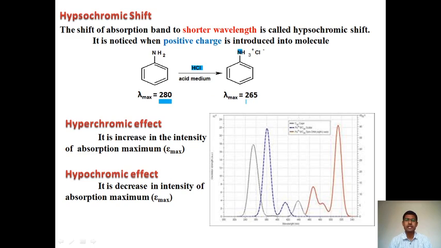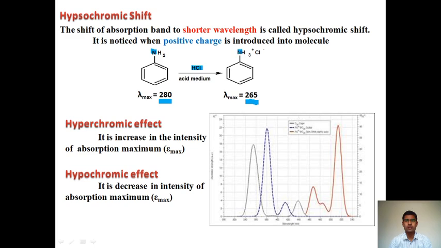It gets shifted towards shorter wavelength, that is 265 nanometer, because in aniline initially there was conjugation of the lone pair of nitrogen in the NH2 group with the benzene ring. But as soon as we add HCl, that is acidic medium, the lone pair on this nitrogen is masked and a positive charge gets on nitrogen.